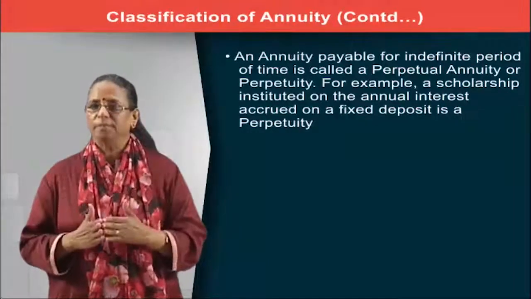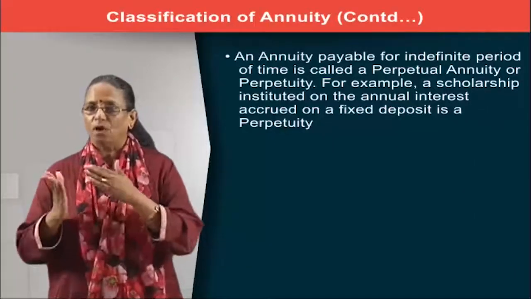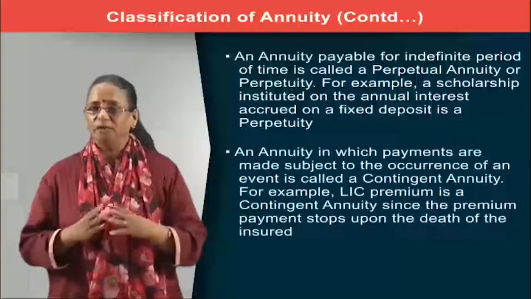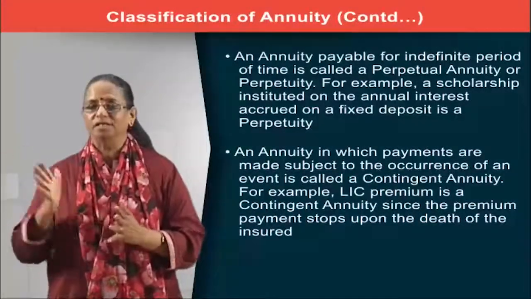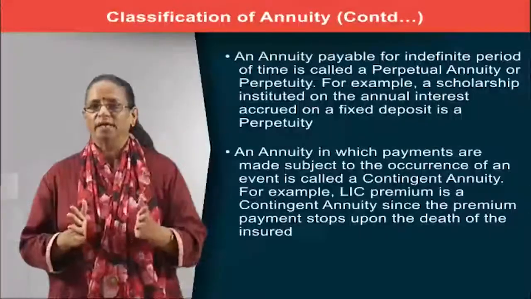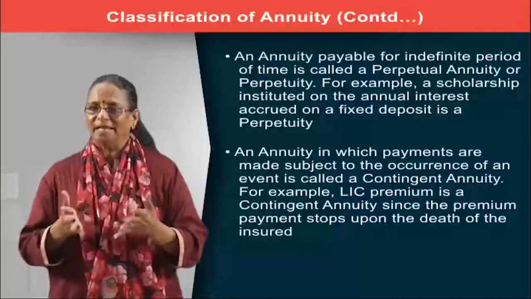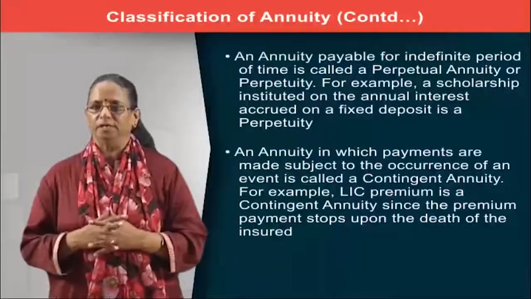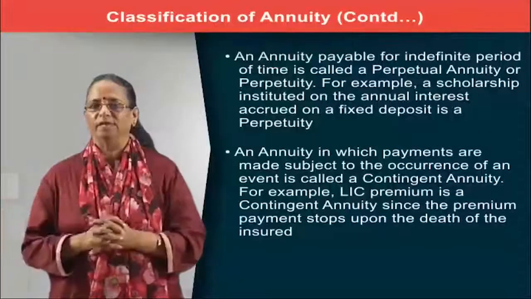So, a scholarship instituted on the annual interest accrued on a fixed deposit is perpetuity. Now, an annuity in which payments are made subject to the occurrence of an event is called a contingent annuity. The most popular is LIC premium. It comes under contingent annuity since the premium payment stops upon the death of the insured.